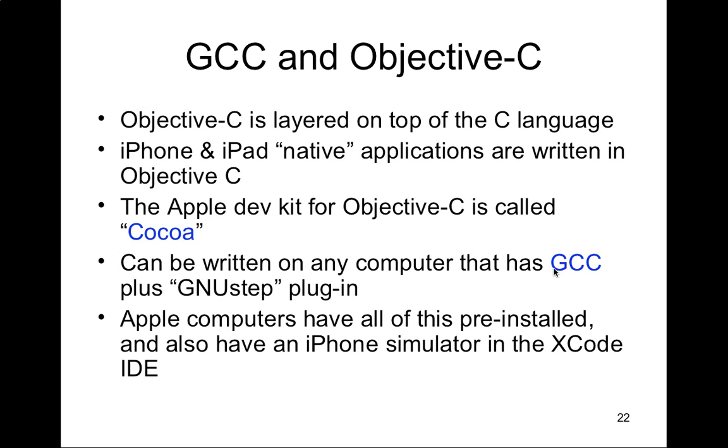So the Xcode compiler is actually a GNU GCC compatible compiler, which is why in Xcode you can write C++ code, C code, and Objective-C code. In your iPhone applications, you can actually write C code, which is kind of interesting.